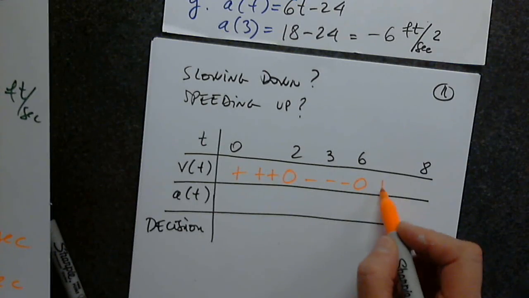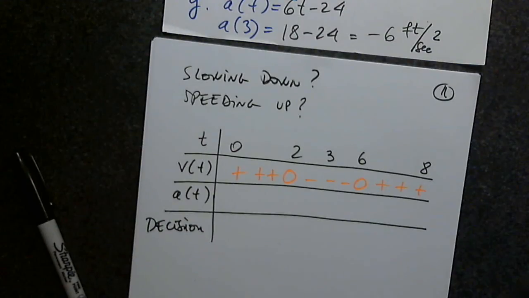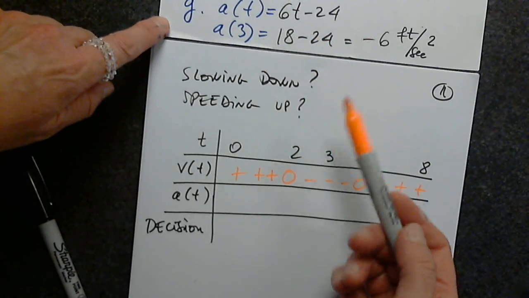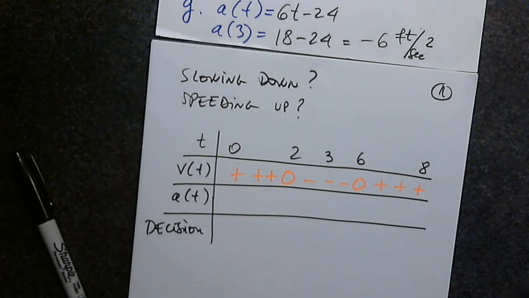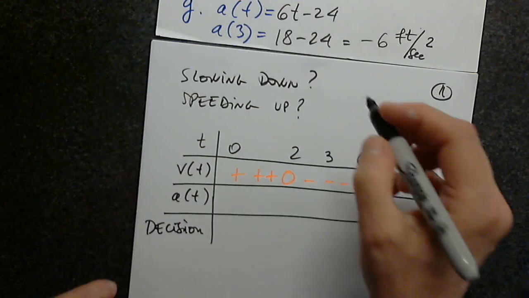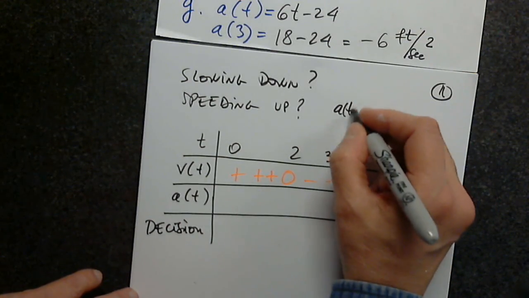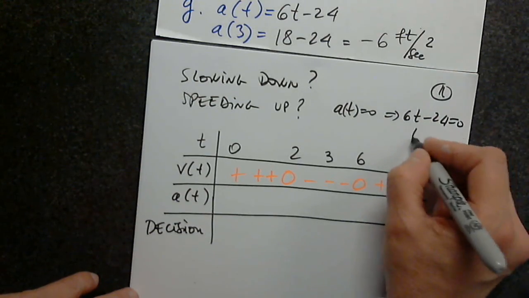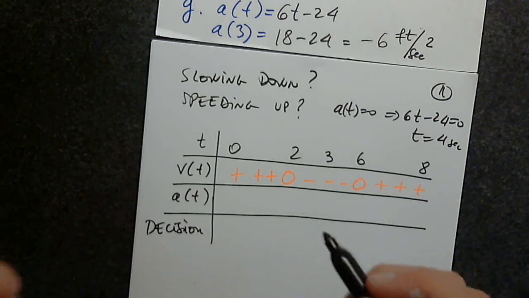Positive, negative, positive. And the acceleration is 0, not at 3, but at 4, sorry. So A of t equals 0 means 6t minus 24 equals 0, so t equals 4 seconds.